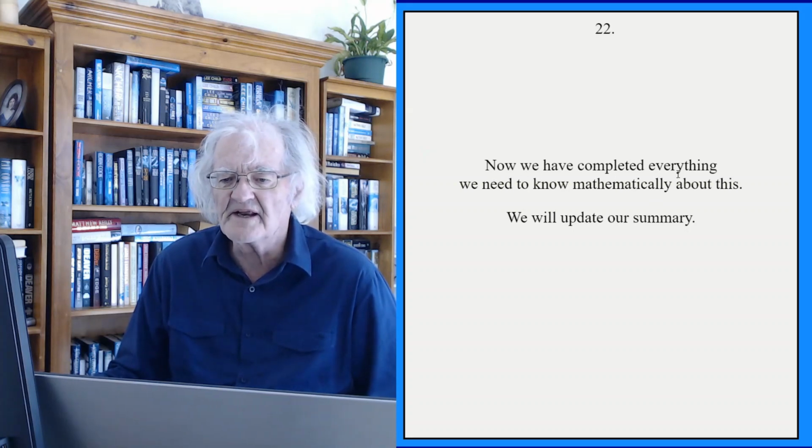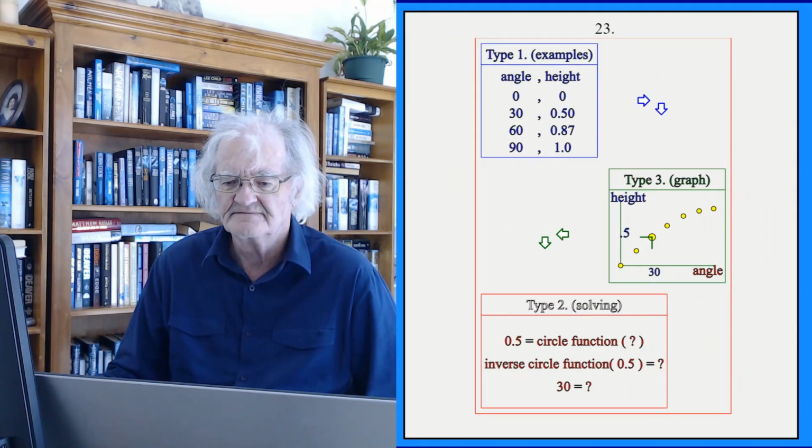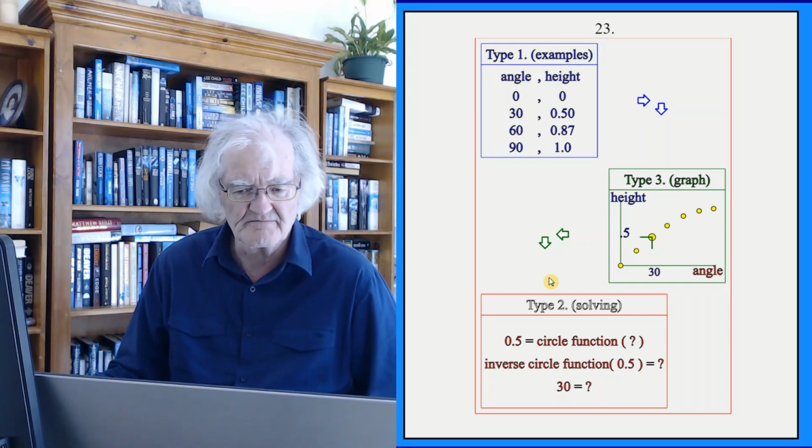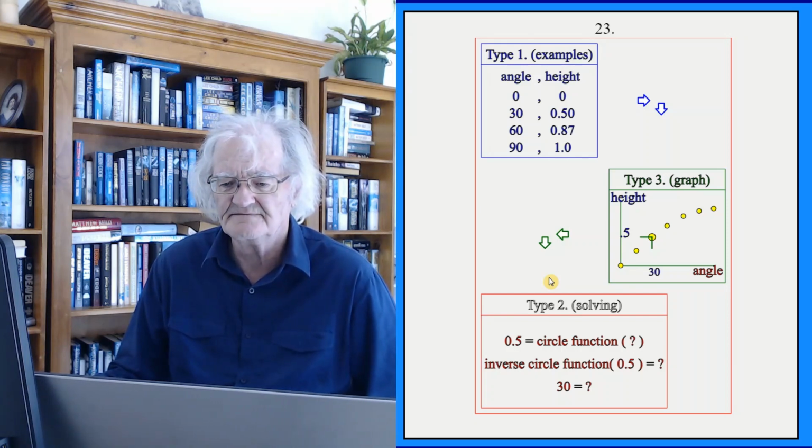Now we've completed everything we need to know mathematically about that example, so we can update our summary. Samples give a height versus angle graph and allow us to solve a type 2 calculation based on that setting.